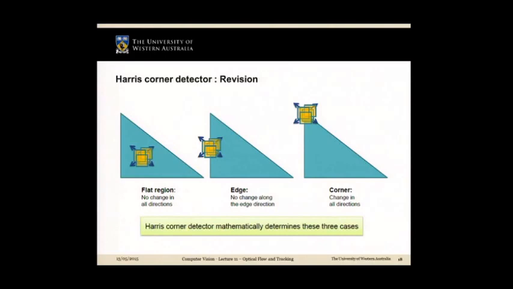Now, if you also remember, eigenvalues are large at the corner. That's what we also discussed. If one eigenvalue is larger than the other eigenvalue, that's an edge, right? And then for a flat surface, we have very, very small eigenvalues, almost equal to 0.